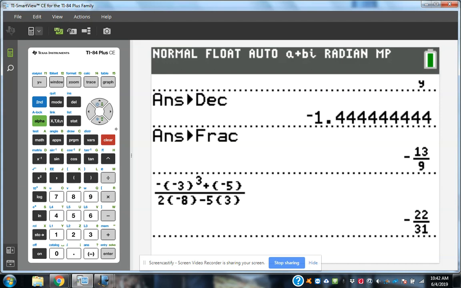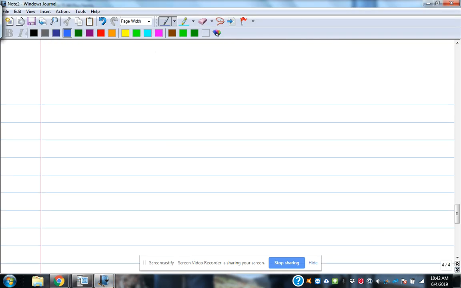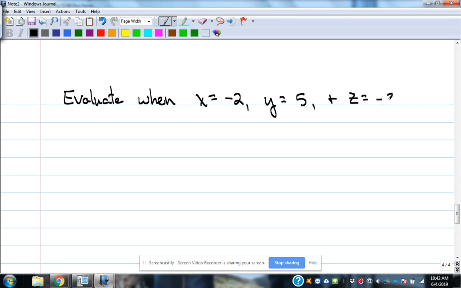All right, let's do some evaluating with variables in the problem. So let's try to do that. I'll show you how you can use your calculator to help you do that. Evaluate, again, just means find the answers. But we're going to have when x equals -2, y equals 5, and z equals -3.